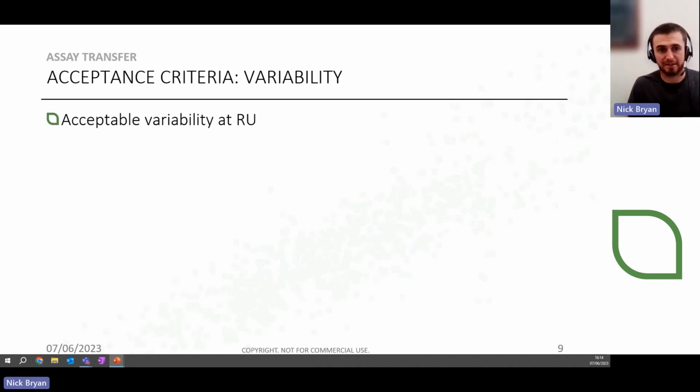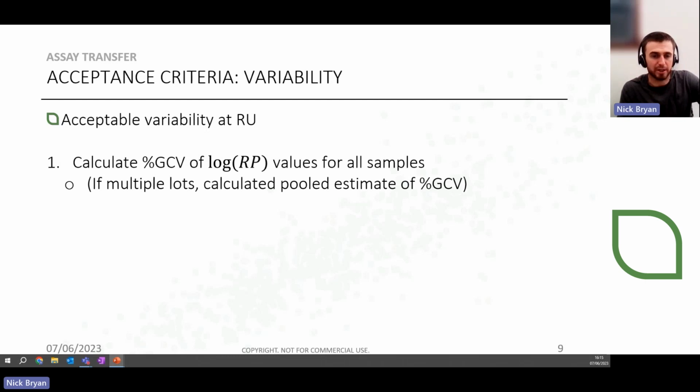But we do also then need to look at the variability, because that will give us some understanding of how the test site, the receiving site, is functioning. So we set some criteria on the acceptable variability at the receiving unit. The most sensible way of doing this is to look at the percent GCV, or percent geometric coefficient of variation.